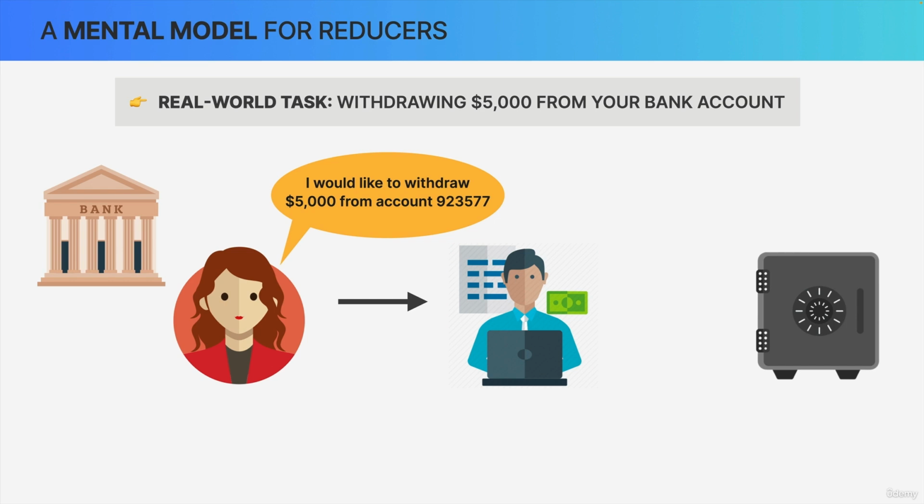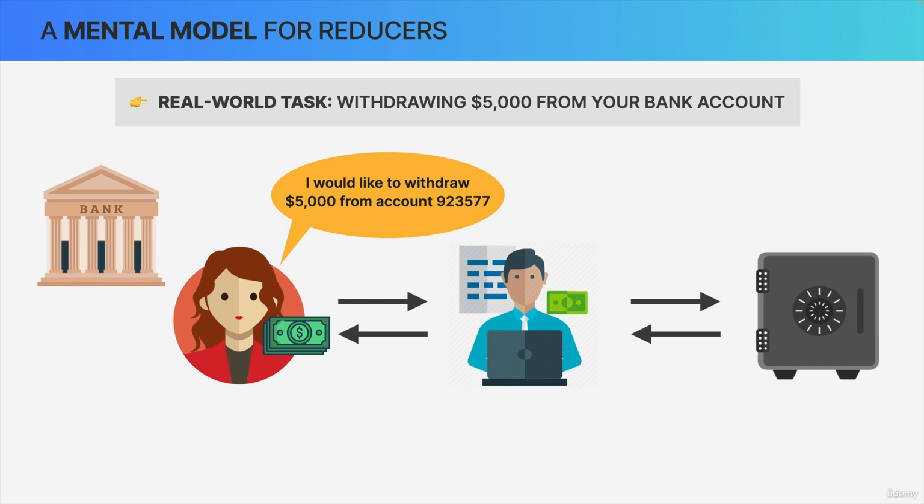What happens then is that usually the person will type something into his computer, check if you actually have the cash in your account, and if so, he goes to the bank's vault and gets the money to finally hand it over to you. It's your money after all, right?